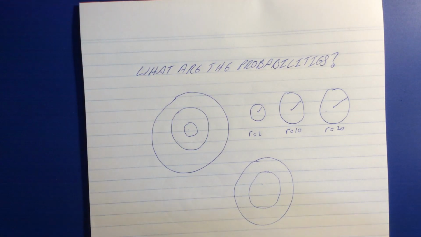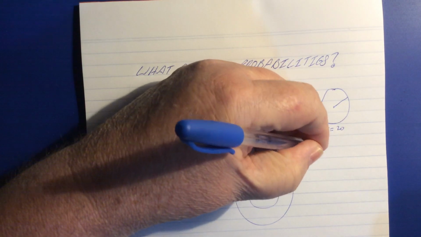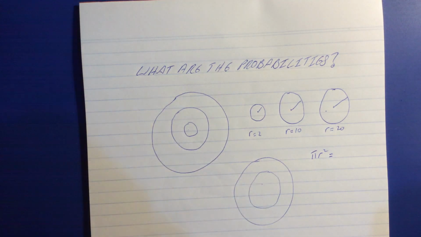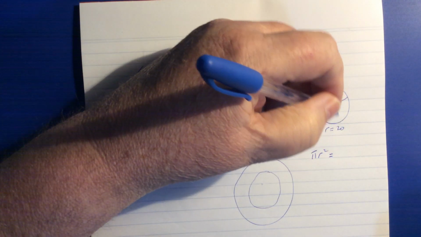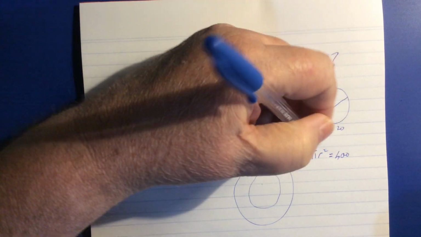So what is the area of the large circle? Well, pi r squared is our friend, and so we take the radius squared, which is 400. That's 20 times 20, and multiply it by pi.